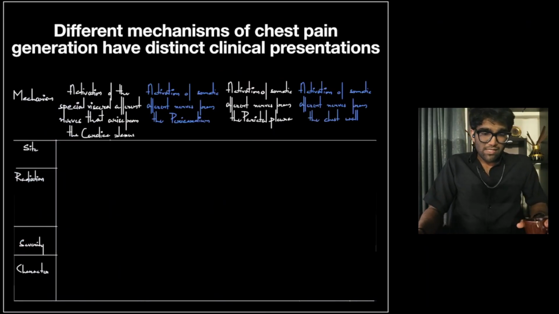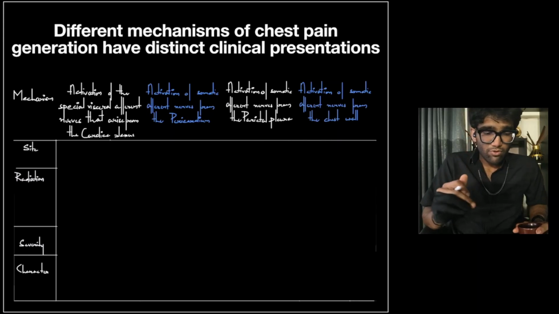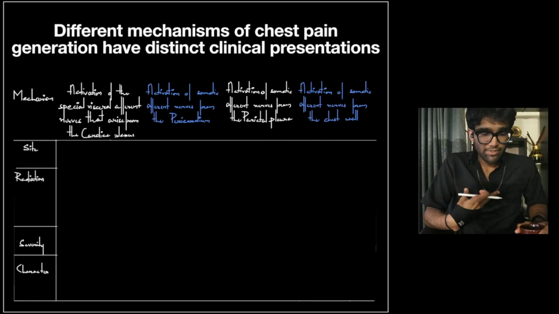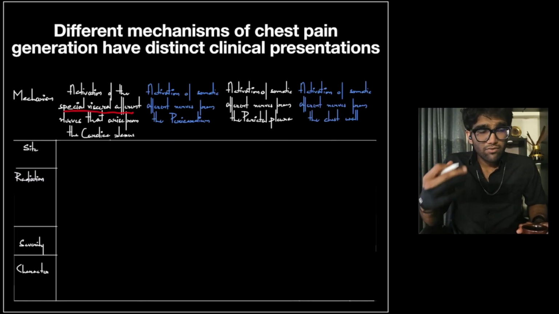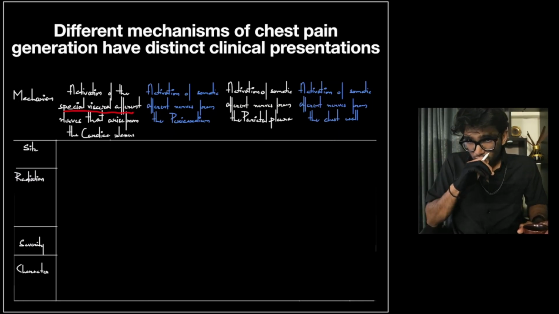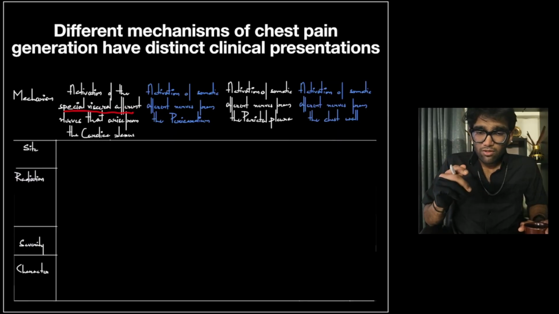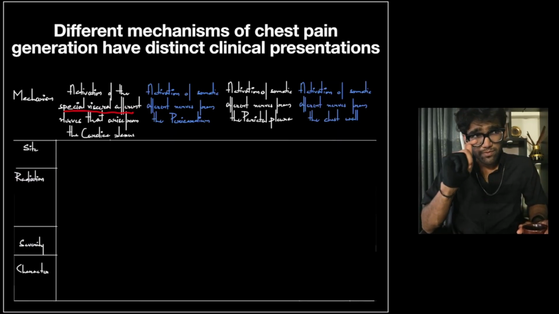So as I've discussed, there are 4 different mechanisms of generation of chest pain sensations from the chest. One is activation of your special visceral afferent nerves. Special visceral afferent nerves are those nerves that supply viscera, and they do not pass through your dorsal column medial lemniscal pathways. Therefore the brain is not able to directly say that the pain is arising from this exact location within the body.